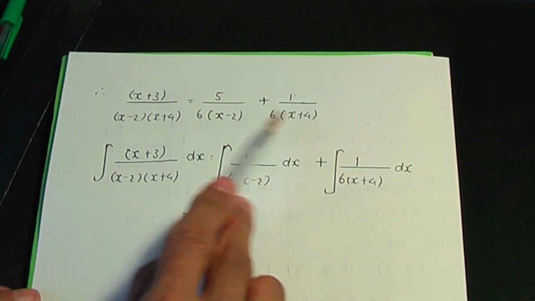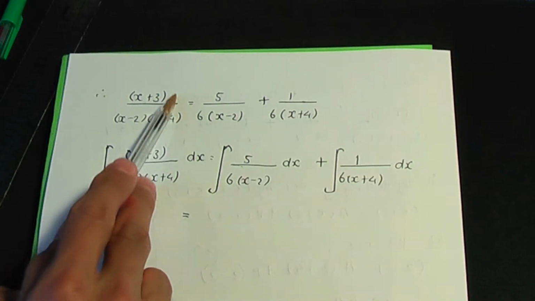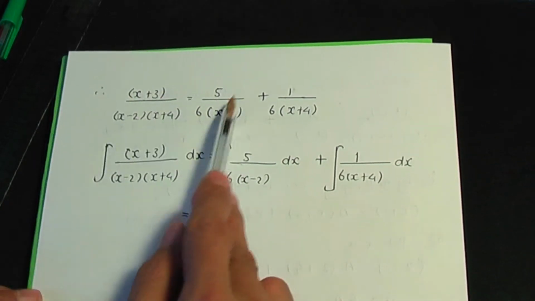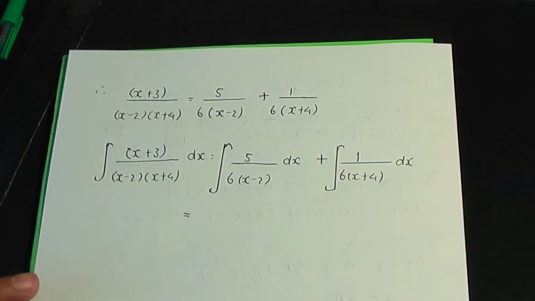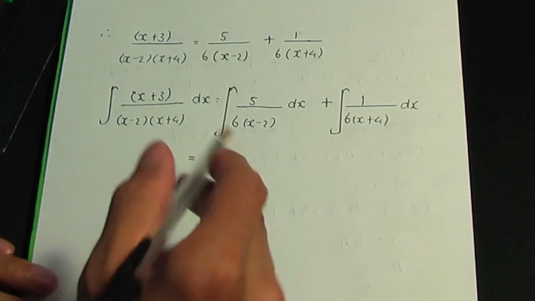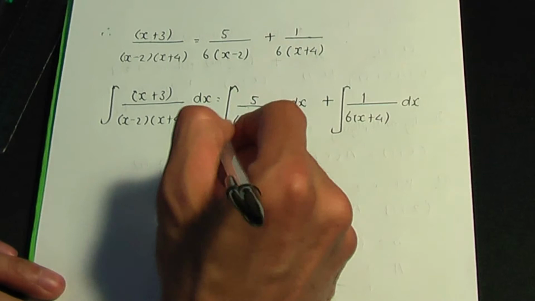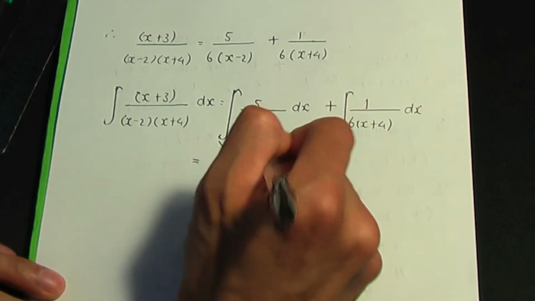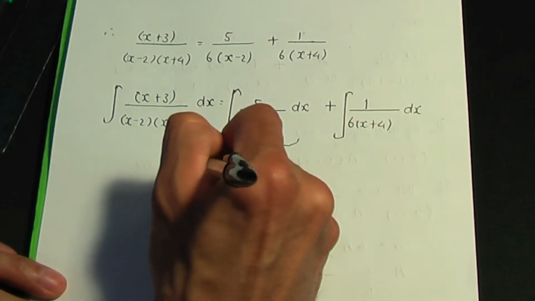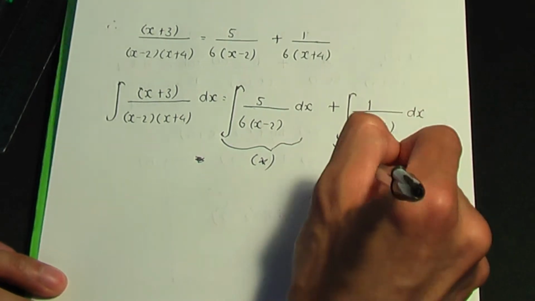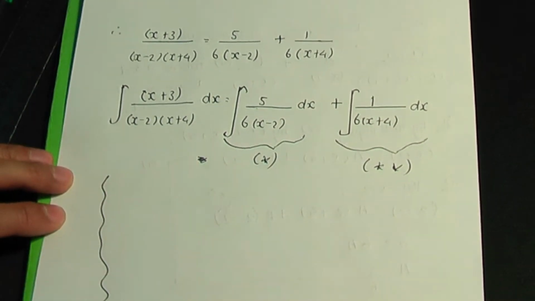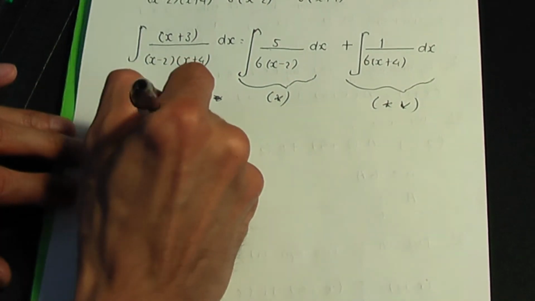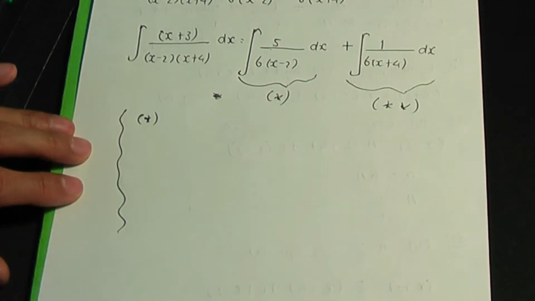We can integrate these two terms separately, since the original term is equivalent to the summation of these two fractions on the right. Okay? So let's integrate this. I'm going to call the first integral star and the second integral double star, and let's do two side calculations, one for star and one for double star.